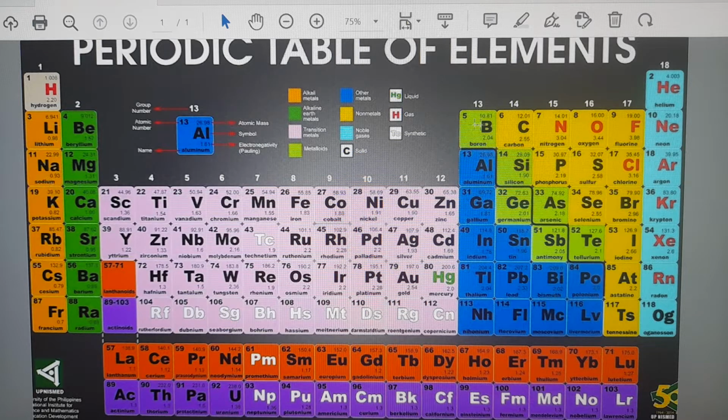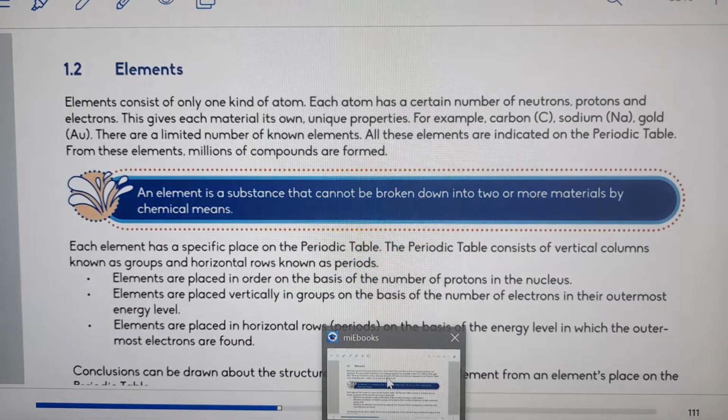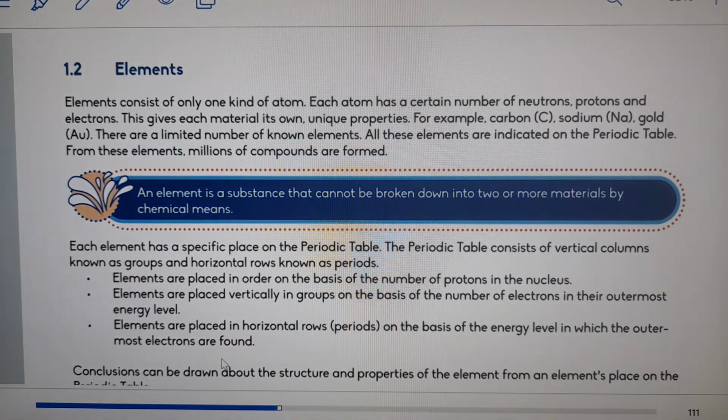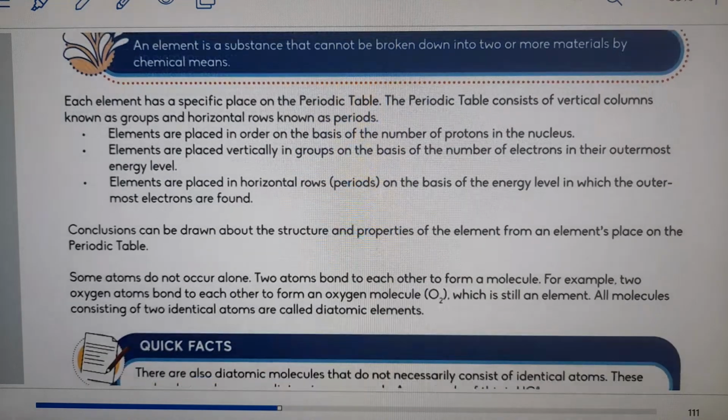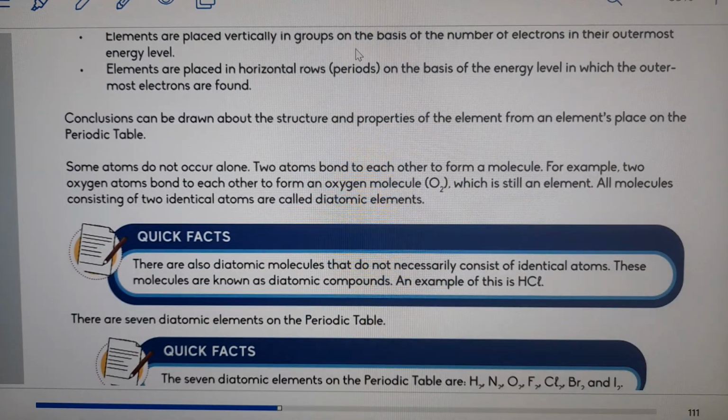This way it's energy level, vertically it's the number of electrons in the outermost level. Now, I don't know if you can still see that. Let's scroll up a little bit.